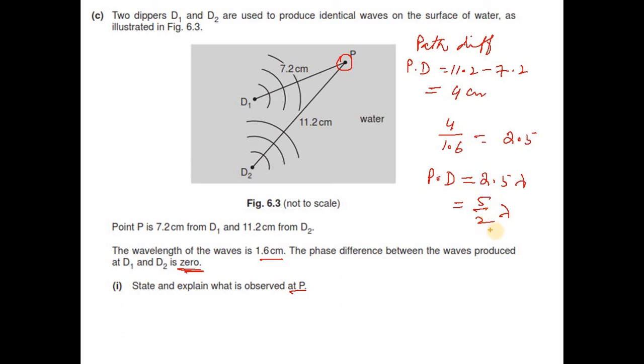That means we can expect destructive interference. So no ripples are seen, no waves are produced at point P. So there is no movement at P.